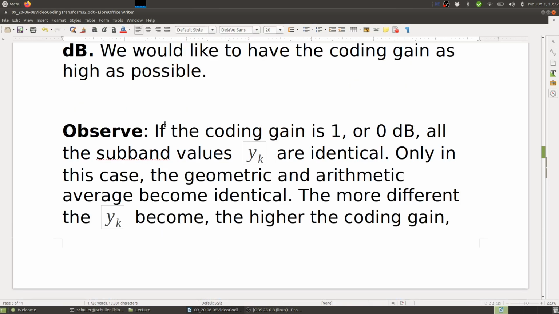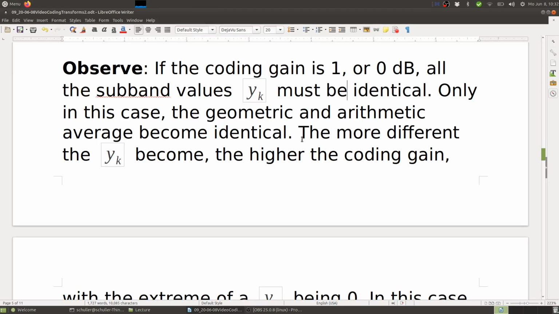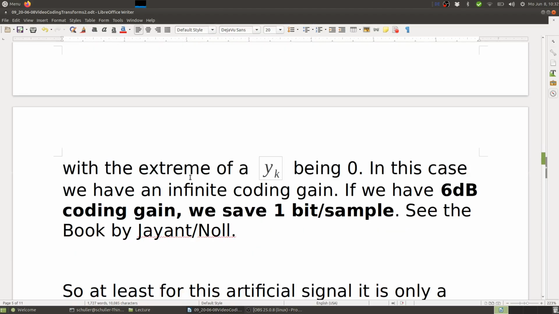Yeah, so observe if the coding gain is 1, or 0 dB on the dB scale, all the subband values y_k must be identical. Only in this case the geometric and arithmetic average become identical. So that means the more different the y_k become, the higher the coding gain will be, with the extreme of a y_k being 0.